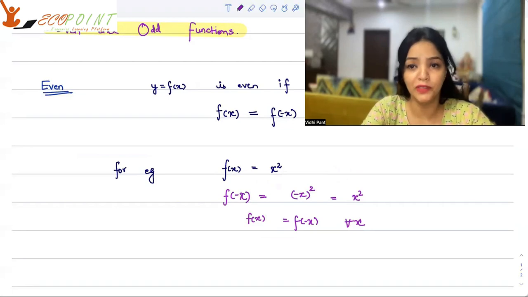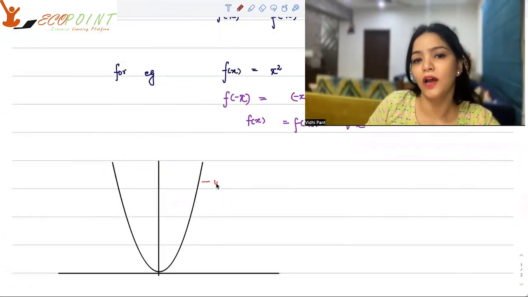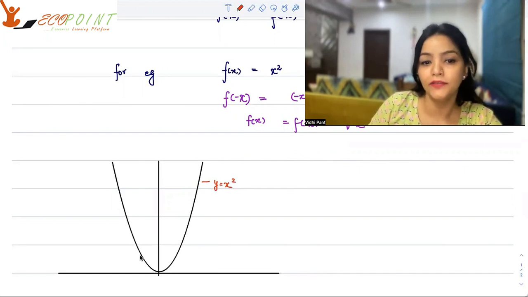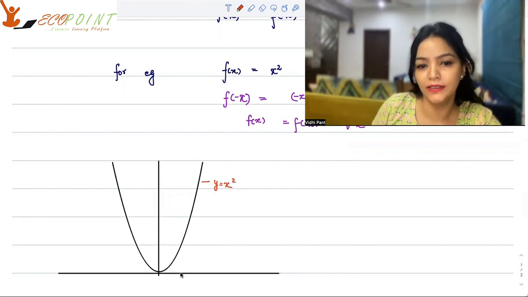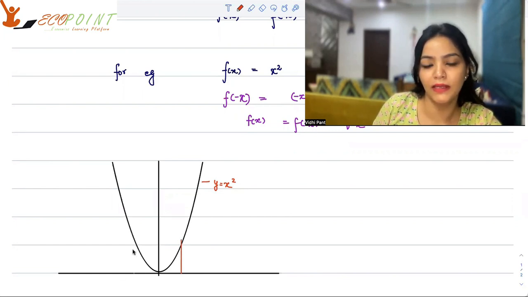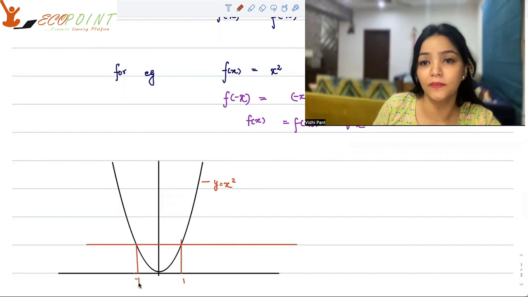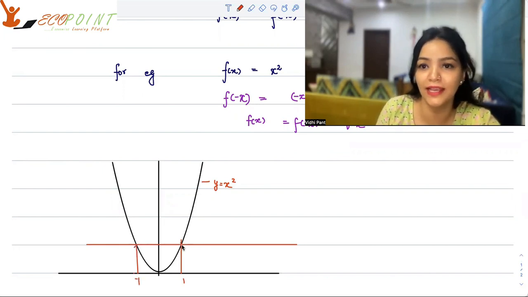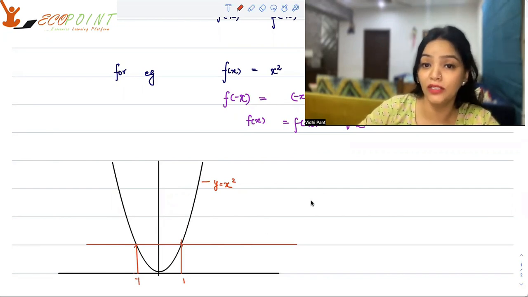You can even observe that graphically. The graph of x squared will look something of this sort. Suppose this is 1 and this is minus 1. I'm going to make this vertical line here. What's going to happen with the value? The value of the function is the same. It's a 2-to-1 function clearly.